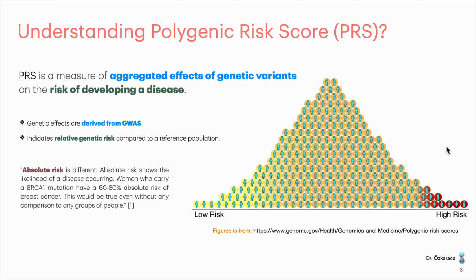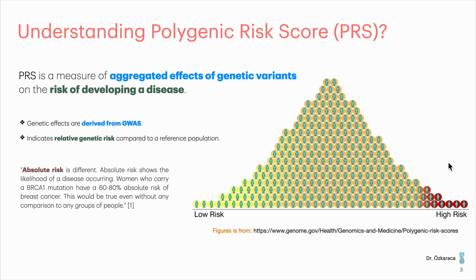And this would be true even without any comparison to any groups of people. Whereas when we talk about polygenic risk scores, because they are derived from a reference population, these scores are indicating relative risks. So these are different than absolute risks, and they have to be interpreted by health professionals.